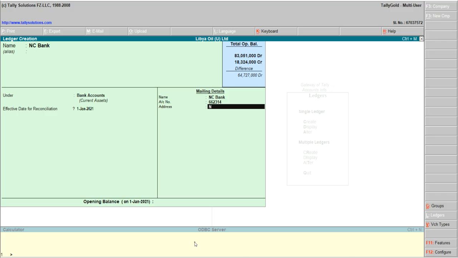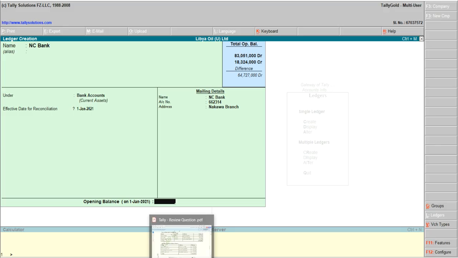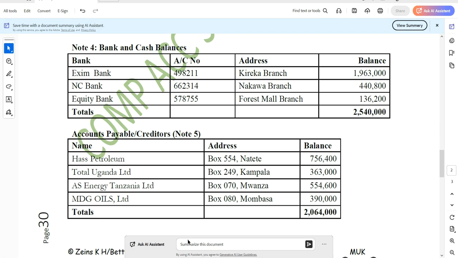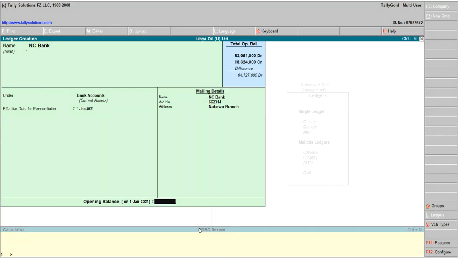Address is Nakawa branch. Opening balance, that is 440,800.